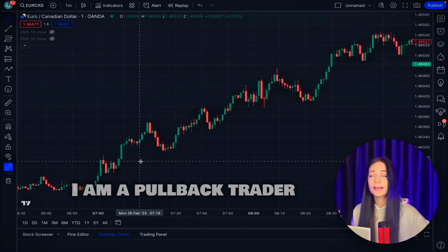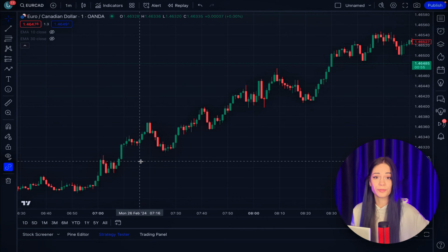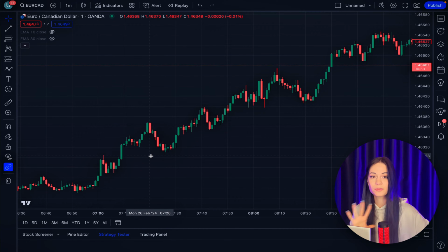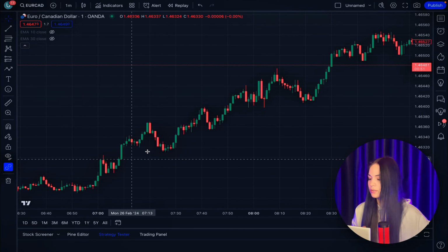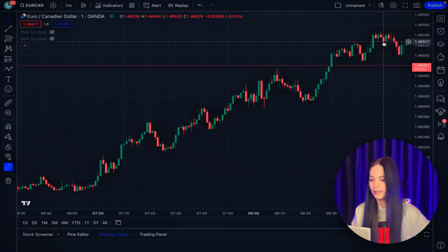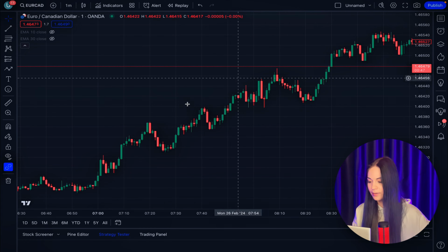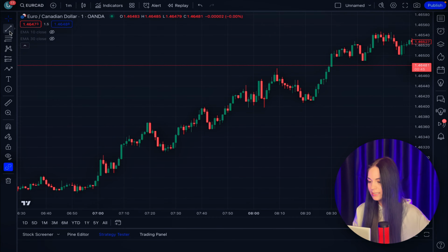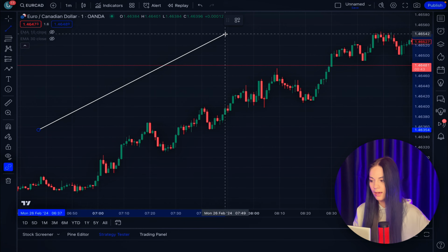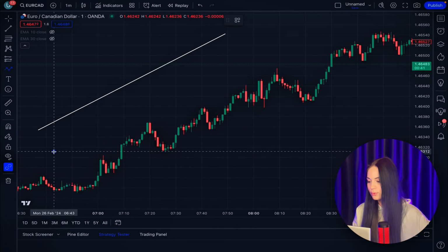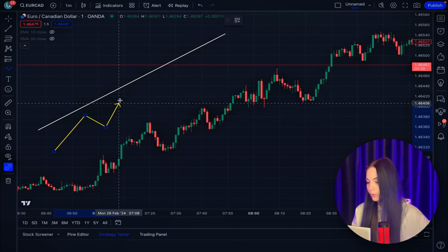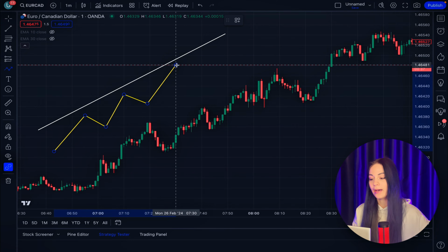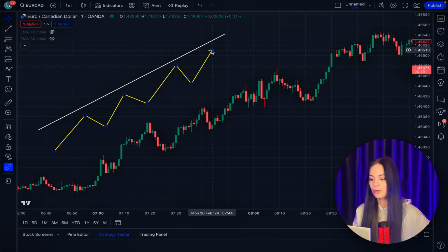As you already know, I am a pullback trader and I think all of you know how to work with pullbacks, so we're not going to talk a lot about it. We're just going to quickly look at the chart and talk about examples. So we see an uptrend right here, and an uptrend doesn't go as a straight line going up. It goes with little waves going up and down, but globally the price is going up.